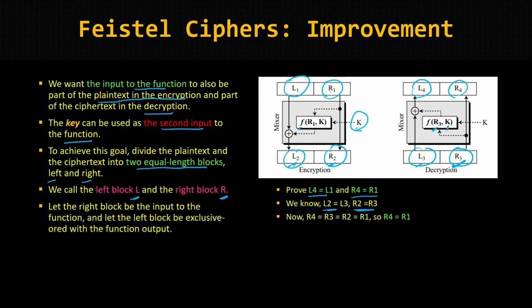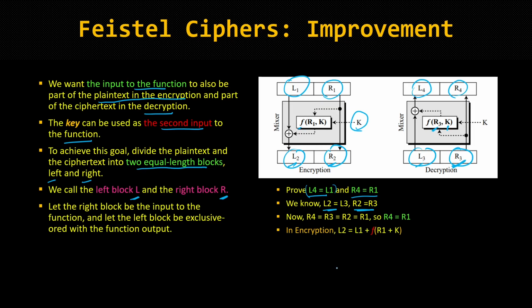So basically the right hand side is doing nothing except giving its value as an input to our non-invertible component. It is just being transposed to its state, so this part is not affected at all, but the left hand side is affected. That is why we need to prove L4 is equal to L1 as well. So let us see how it is done.